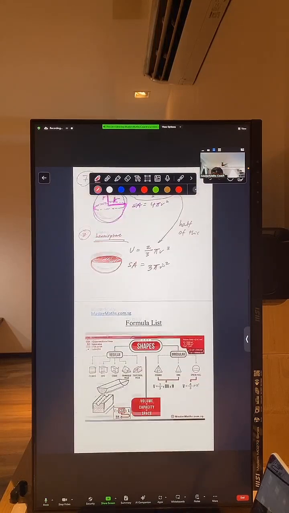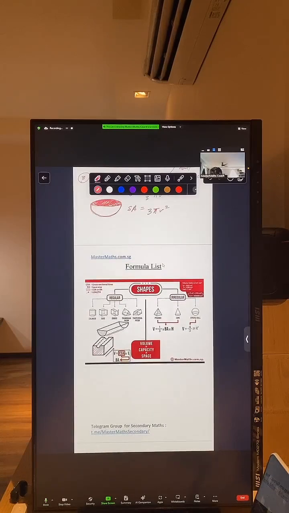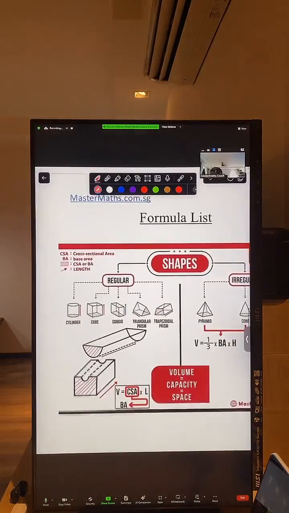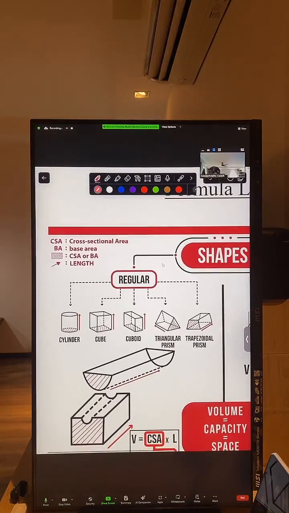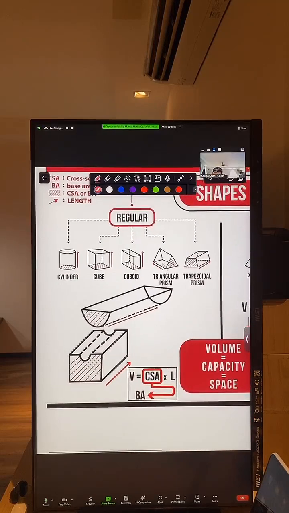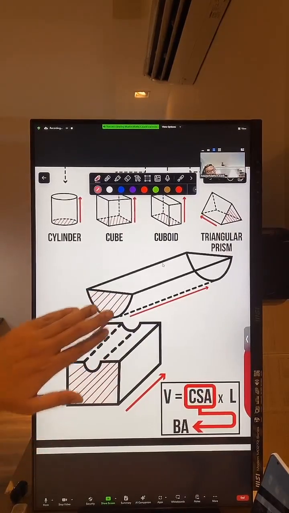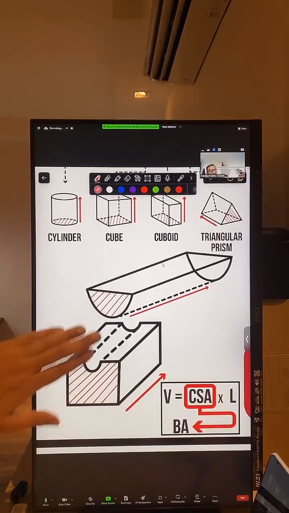So here's the formula list. Here we go. We have cylinder, cube, cuboid, triangular prism, trapezoidal prism, where the base is a trapezium. These are all prisms, guys. Not prism the TV, not prism the aircon.